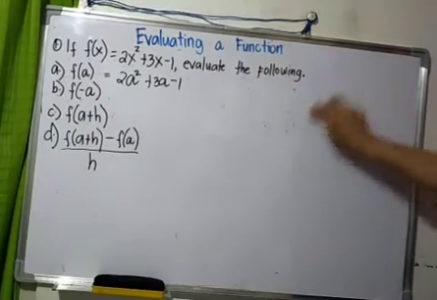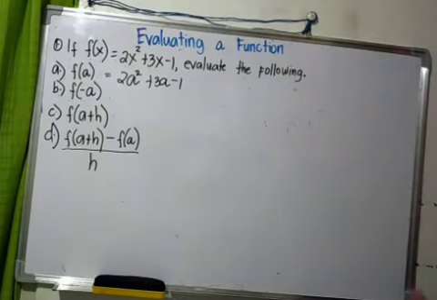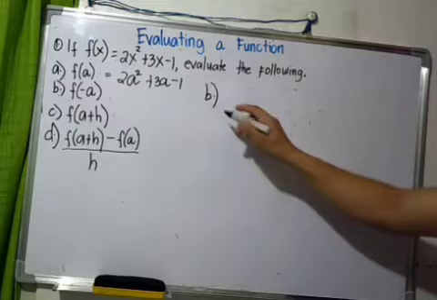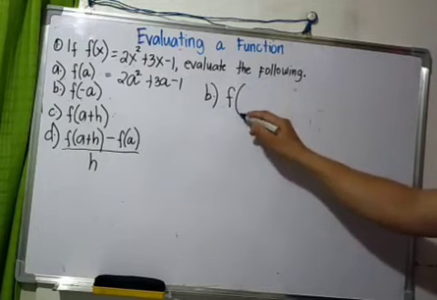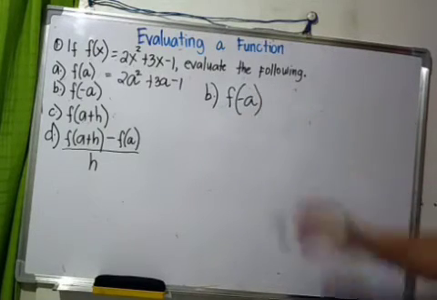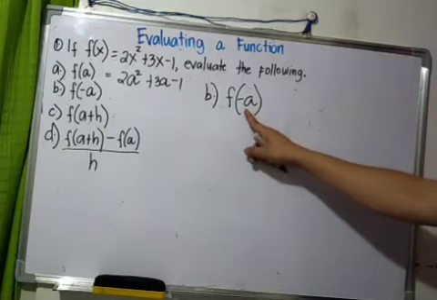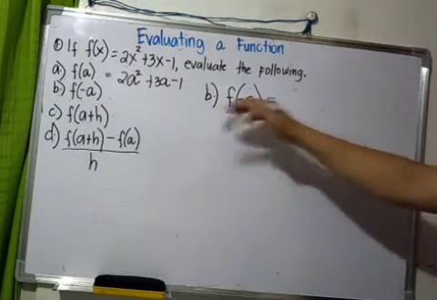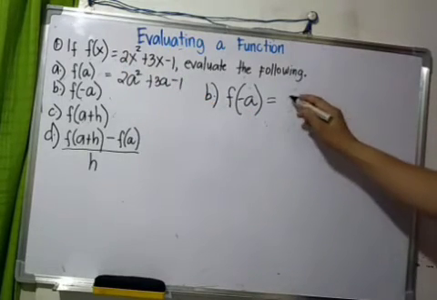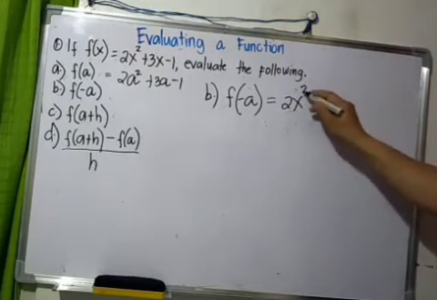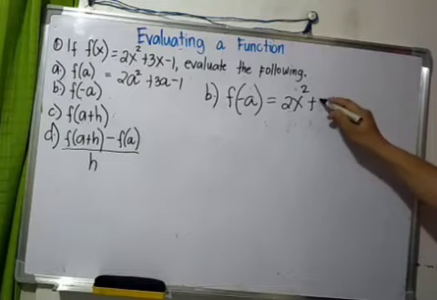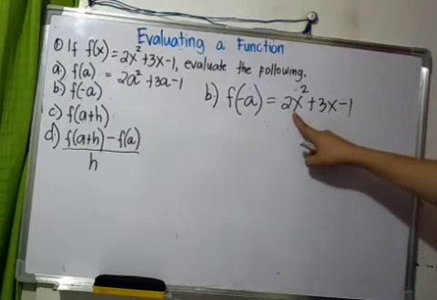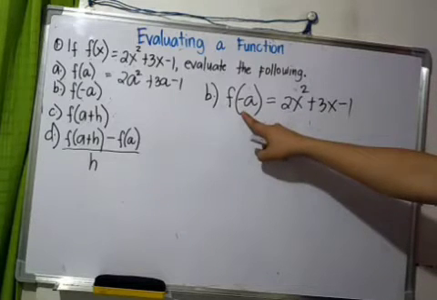Example, letter A yan. How about for letter B? So, sa letter B, that is f of negative a, or the value of x is negative a. So, equals, ito yung given natin, that is 2x squared plus 3x minus 1. Replace lang natin yung x sa negative a.